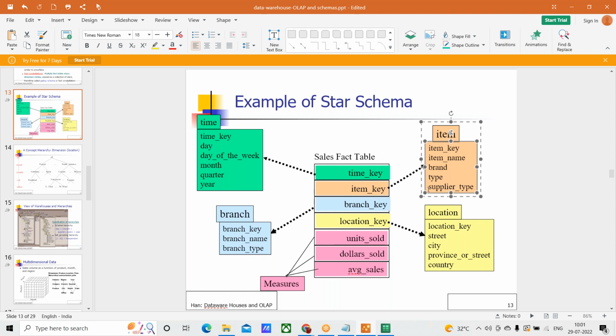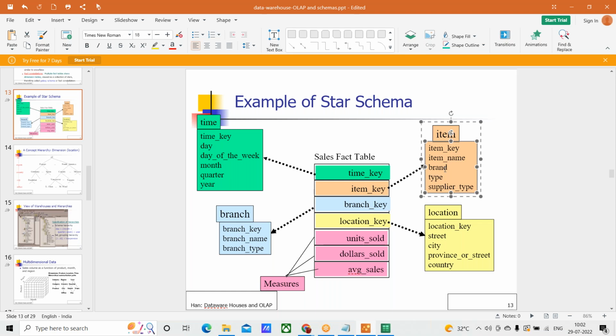Or you can have supplier as a separate dimension, put the supplier key in the fact table. But still, if you want to know which items he is providing, you can join with the item table. Or you can have only a single item dimension and mention all the item key and supplier details in it.